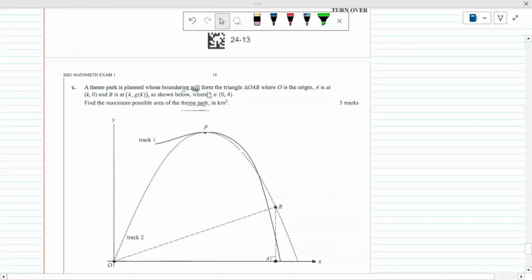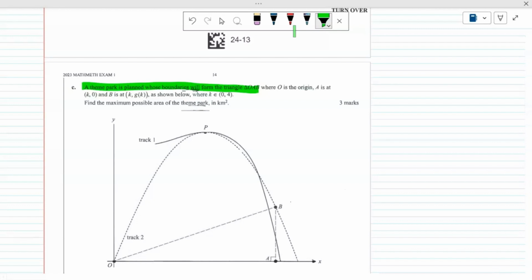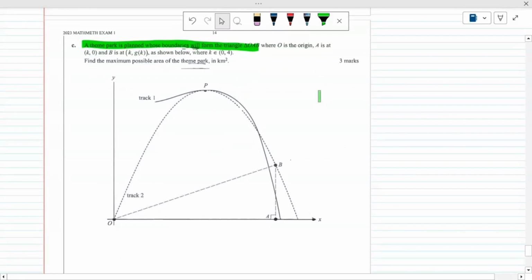The last bit of the question is asking: a theme park is planned whose boundaries will form the triangle OAB, with O being the origin. At A, the x value is k, the y value is 0.